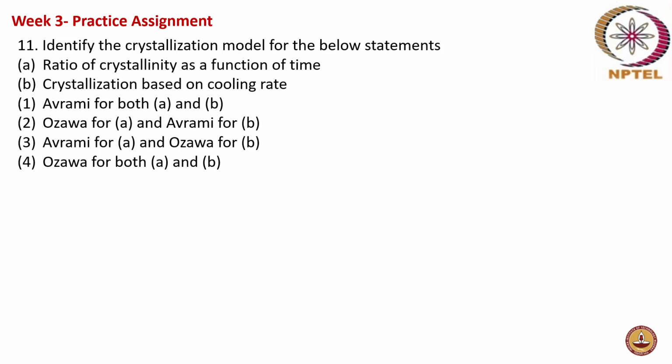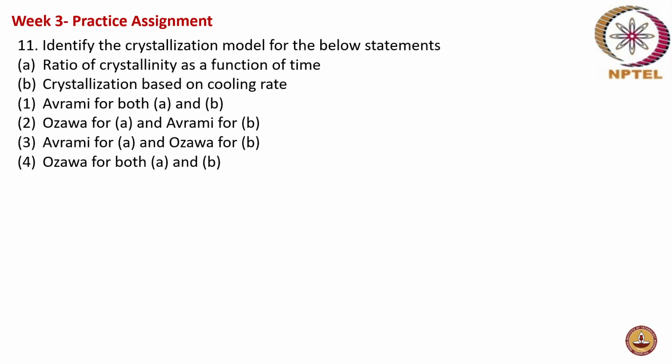Next question. Identify the crystallization model from the below statements. Which model describes the ratio of crystallinity as a function of time, and which model describes crystallization based on cooling rate?